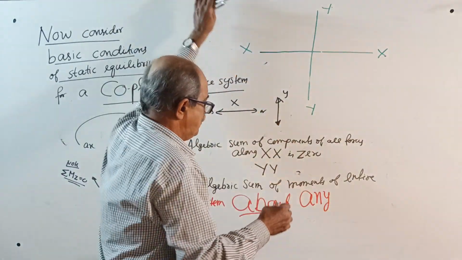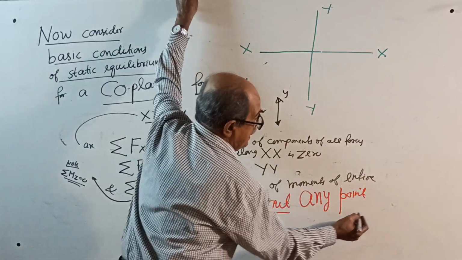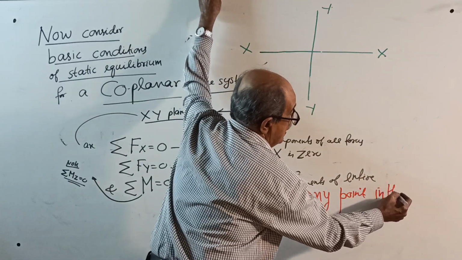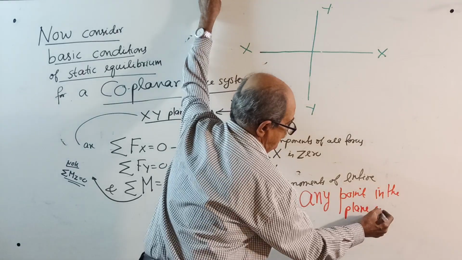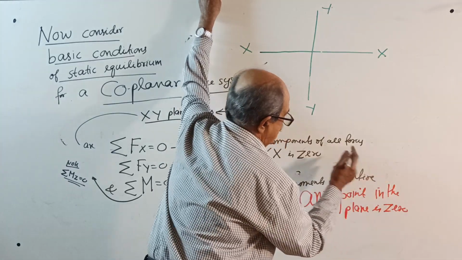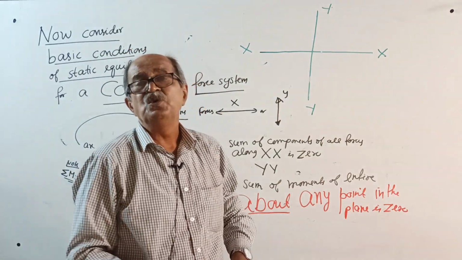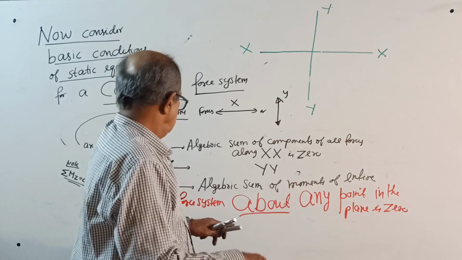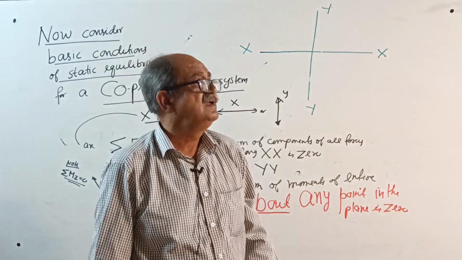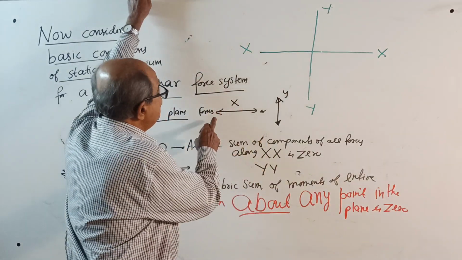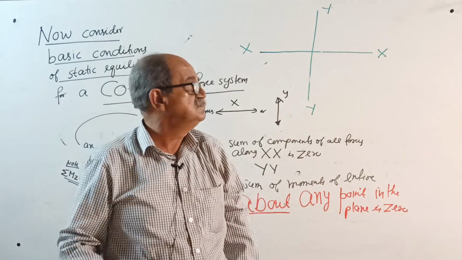About any point in the plane is 0. Sigma Fx 0, sigma Fy 0 ensure there is no translation. Sigma M 0 ensures there is no rotation. Okay, these are the basic conditions of static equilibrium for a coplanar force system.